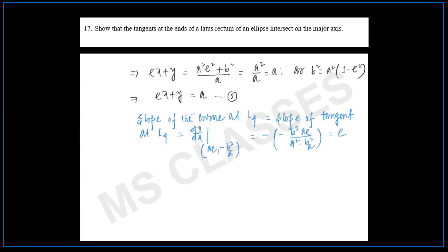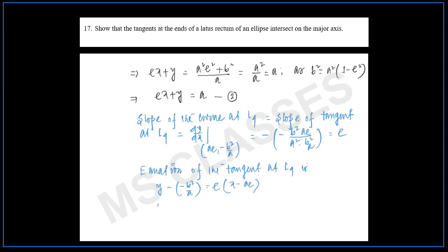Now once we got the slope, we can find the equation. So the equation of the tangent at L4 is y minus y1 equals slope into x minus x1.